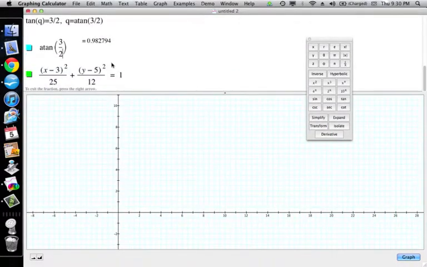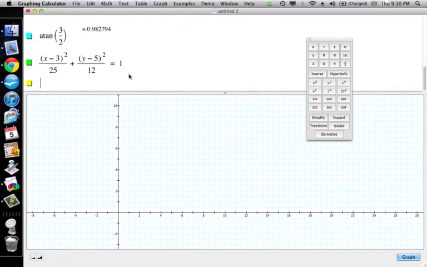Okay, so now what I need to do is everywhere where I see an x, but this is a little bit crazy, everywhere I see an x plus 3, well, let's just take this in 2 steps here. Okay, I'm going to just do this one.